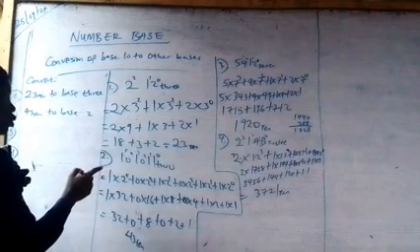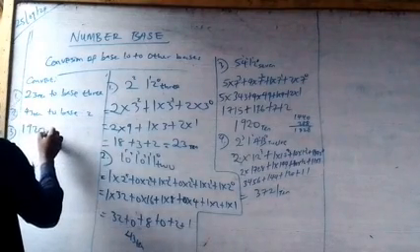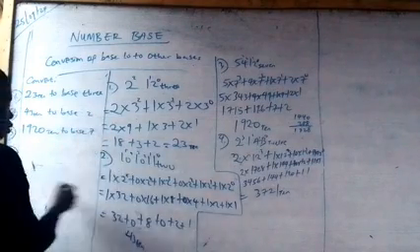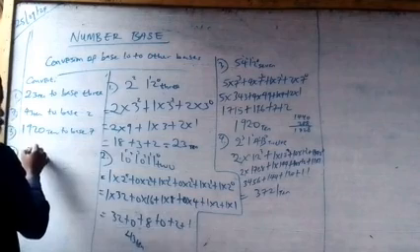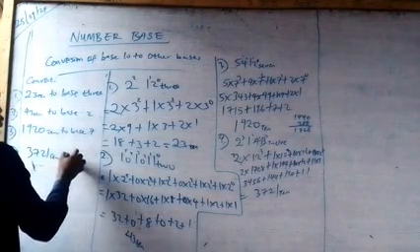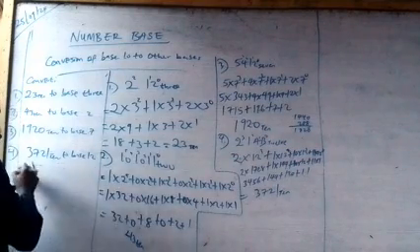The next one, what do you get? 1920 base 10 to base 7. And the last one, 3721 base 10 to base what? 12. Now we're going to start our solution from here.